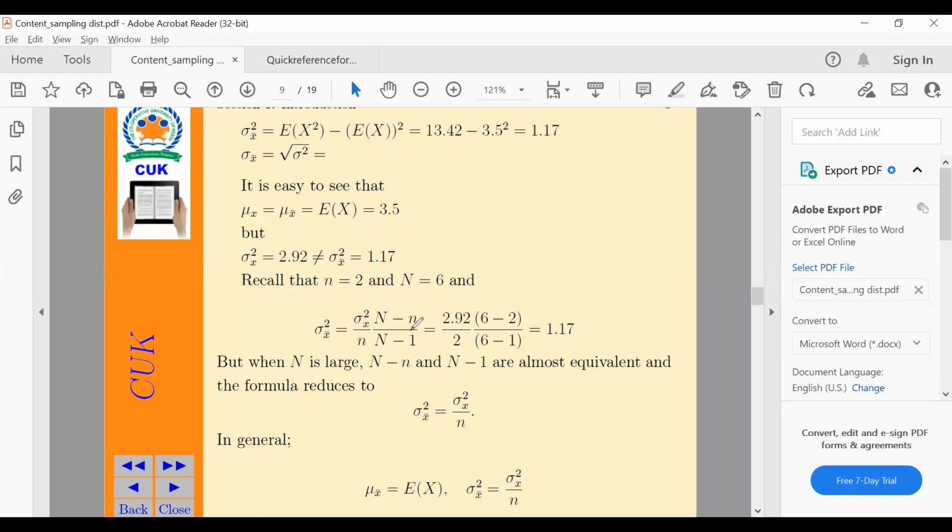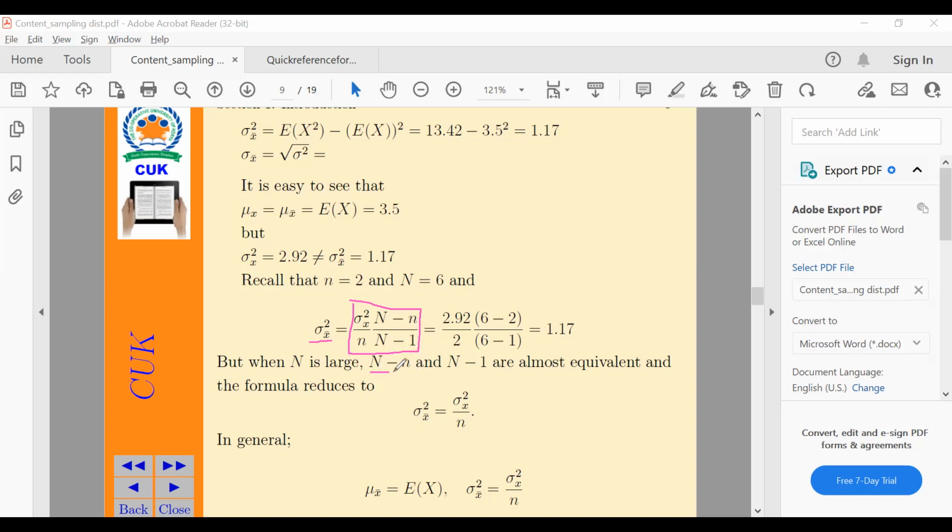And the actual variance of the mean is a transformation of the original variance, and it will be in this format. So we are saying sigma squared over n, then multiplied by capital N minus small n, divided by capital N minus 1.